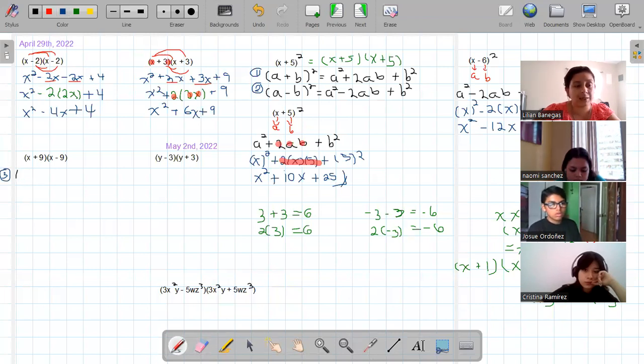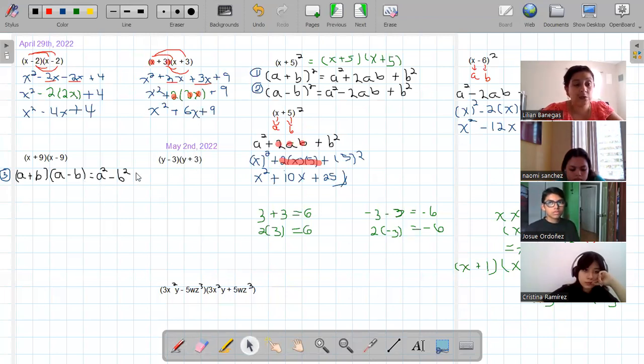The 3rd formula says that whenever you have a binomial adding a second term, multiplying another binomial that has exactly the same first term but subtracting the second term, you're going to be saying that your answer is going to be a binomial where the first term, because they're the same, is squared, minus the second term, also squared. And that is what you're going to be doing, okay? That's the formula that you guys are going to be using.